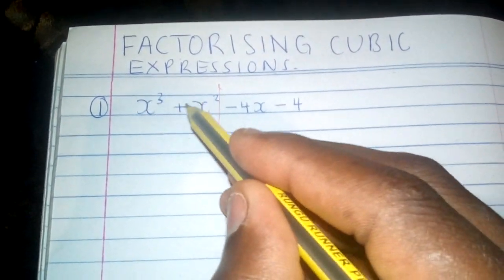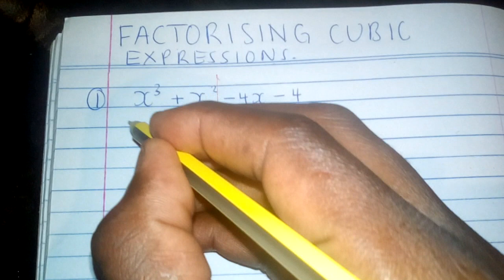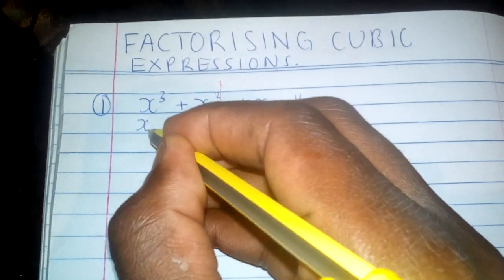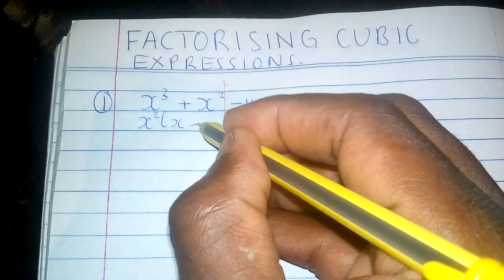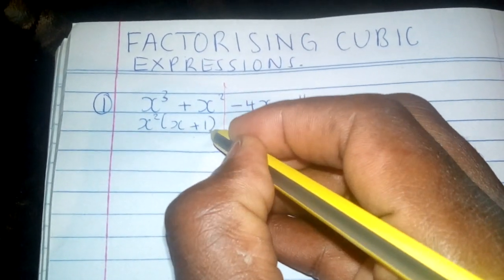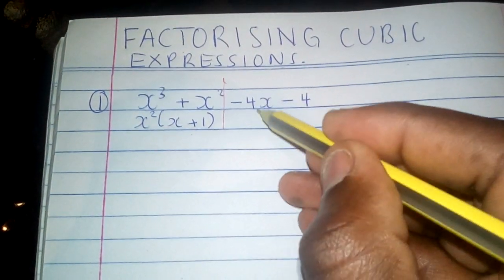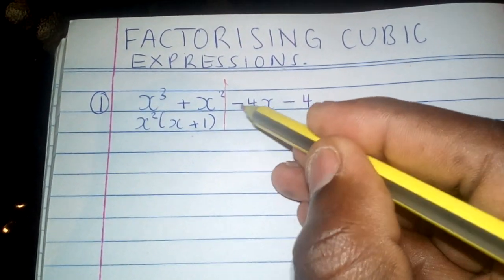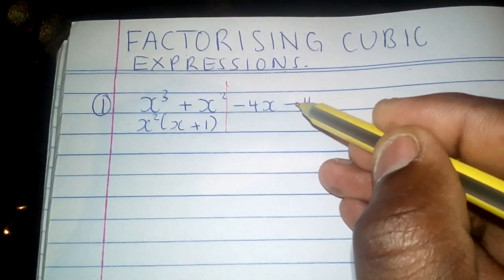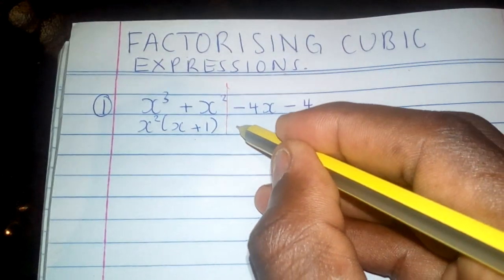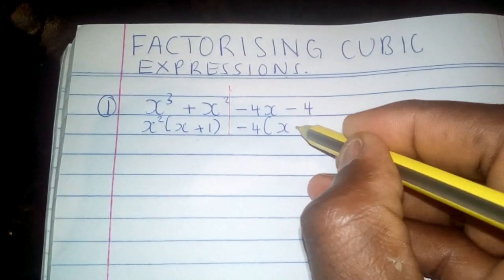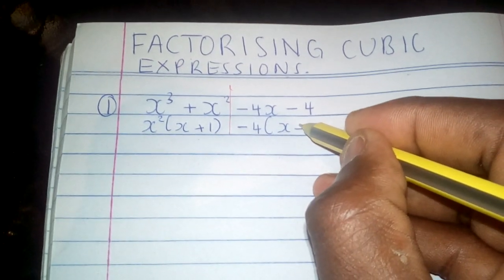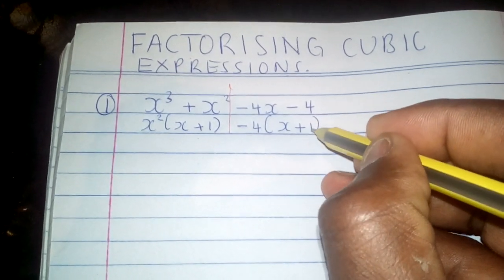This side you can see our common factor is x squared, so we keep x squared out and we are left with x plus 1. And if you check the other part, we have minus 4 and we also have minus 4, so we can keep minus 4 out, and inside we will be left with x plus 1.